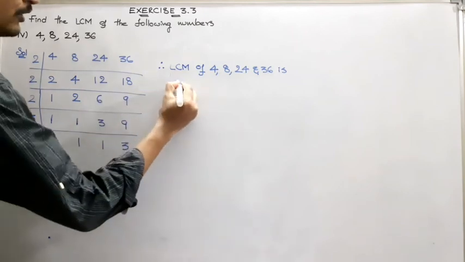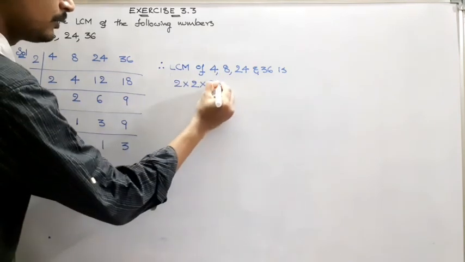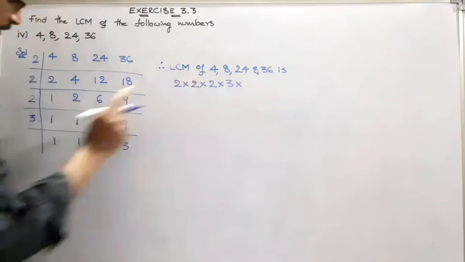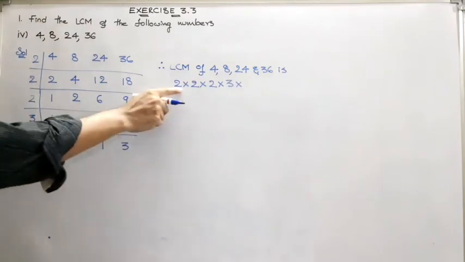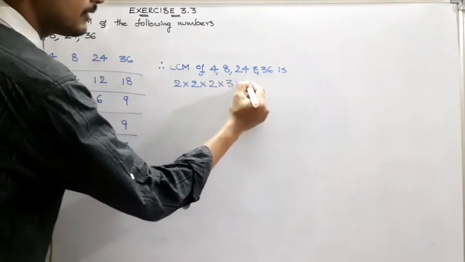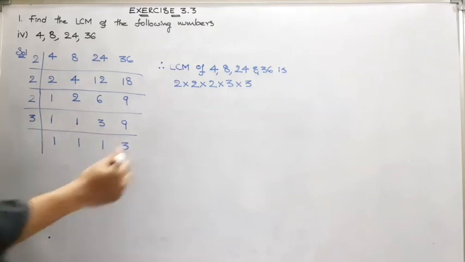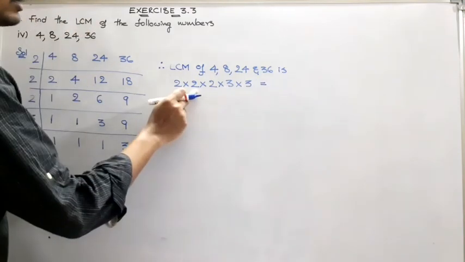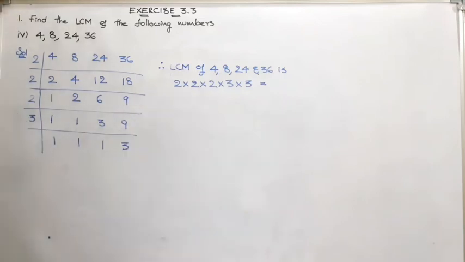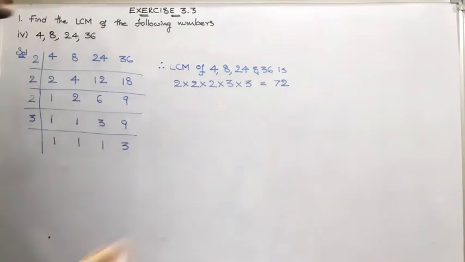That means 2 into 2 into 2 into 3, and here we have only leftover number 3. No need of taking ones because multiplying anything with 1 gives the same number. So 2 2s are 4, 4 2s are 8, 8 into 9, 72. 72 is the LCM of the given numbers 4, 8, 24 and 36.